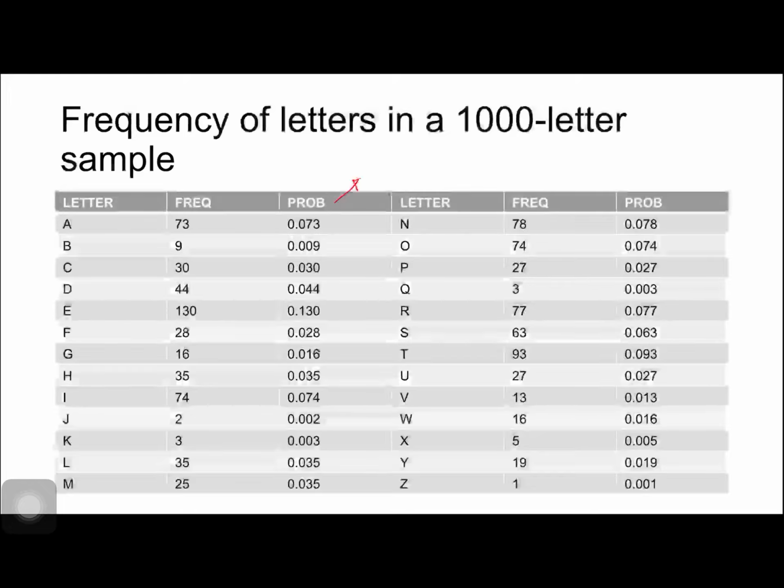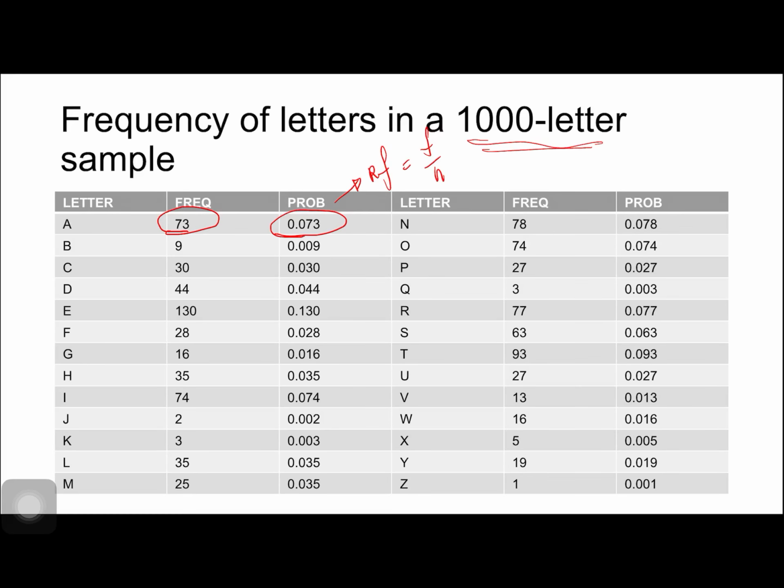Here, for the probability distribution, we use relative frequency, that is F over N. So we all know that this is a 1,000 letter sample. So for example, for letter A, the probability is equal to its F, 73 divided by 1,000, that gives us 0.073.